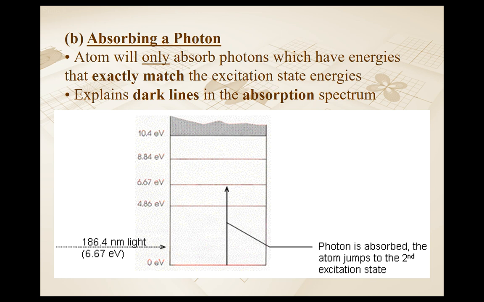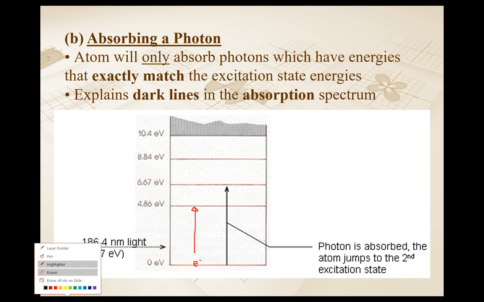Let's say, for example, that we fired in a photon that had an energy of 2 electron volts. Now, nothing's going to happen because if I want this guy to jump up, this guy needs 4.86 electron volts. So this is going to do absolutely nothing if I fire in a photon like that. So let's just erase it. It doesn't do anything.